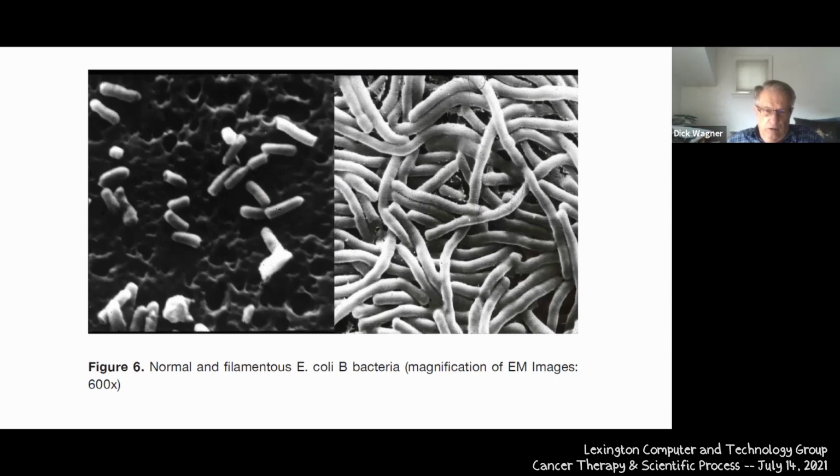Filaments formed, and these filaments got to be up to 200 to 300 times the length of a normal E. coli bacterium. For some reason, they had formed filaments in this experiment. So, why did that happen? What's going on here?